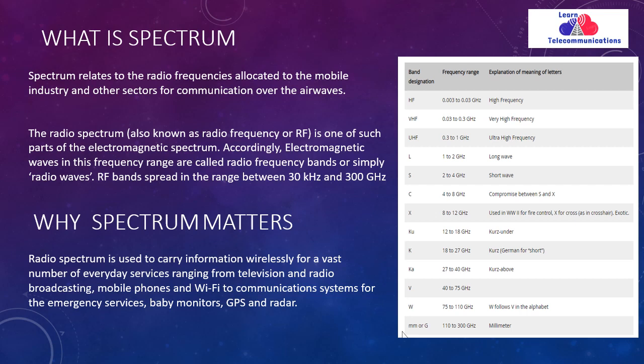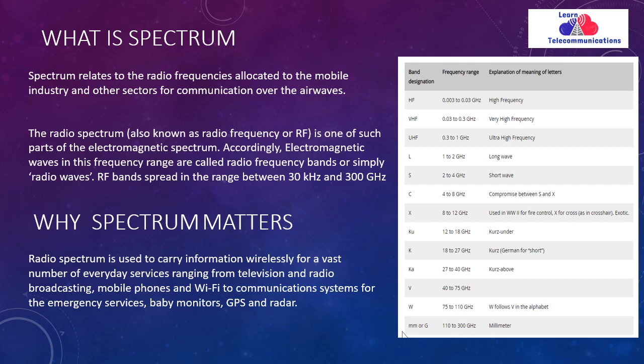And you have different bands like L, S, C, X, Q, K, and mm. Let's try to understand where these frequencies are used and for which applications, and why this spectrum matters a lot.